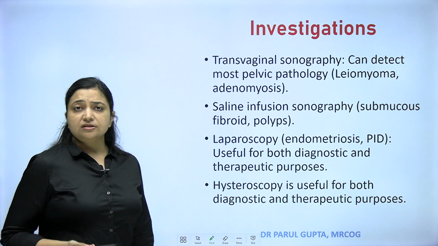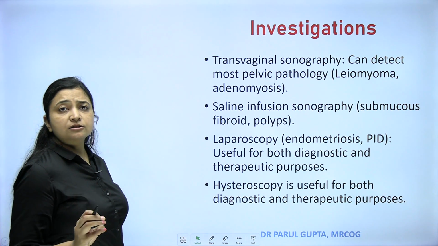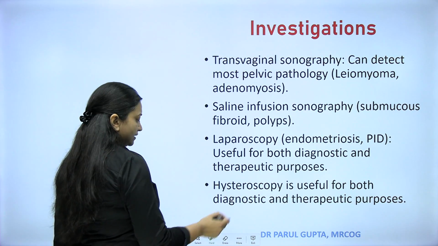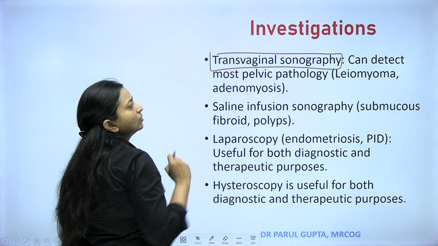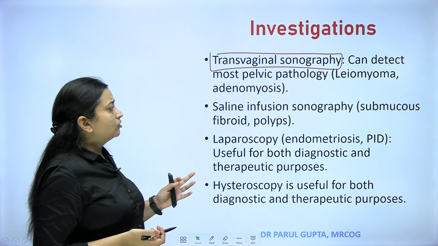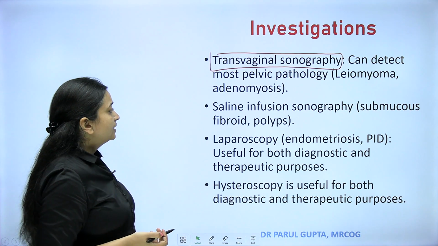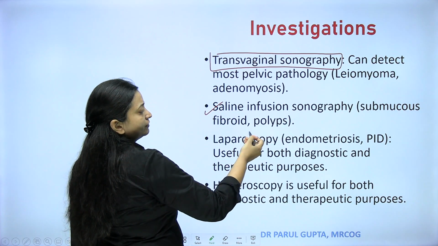Now investigations. The woman is coming to you and we need to investigate. So in any such case, a parous woman, we go for transvaginal sonography, which is the gold standard investigation for any gynecological problem. In transvaginal sonography, you may find any pathology like leiomyoma, adenomyosis, whatever. Saline infusion sonography can be done to rule out submucous fibroid and polyps.